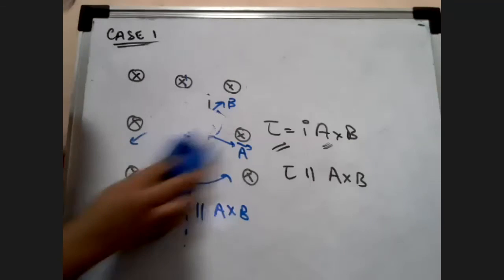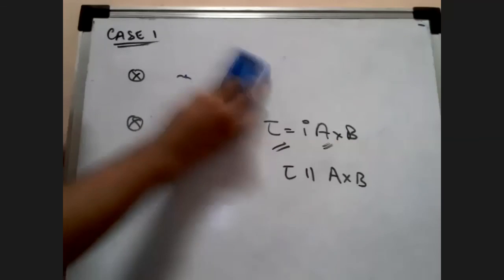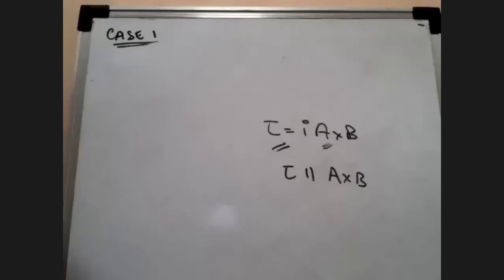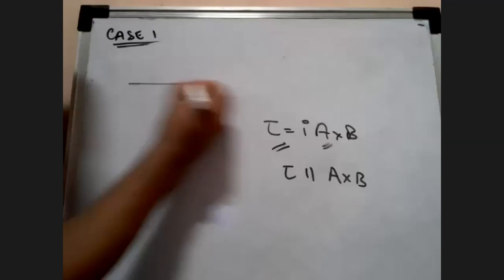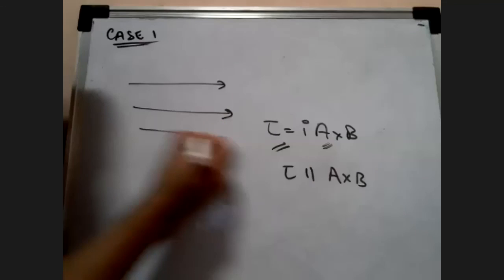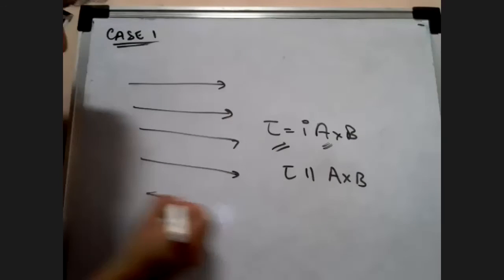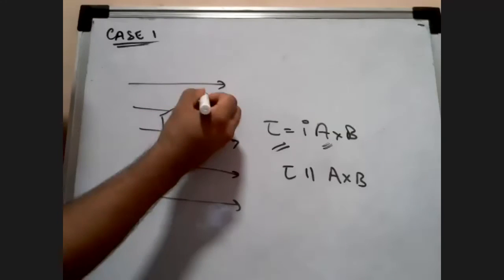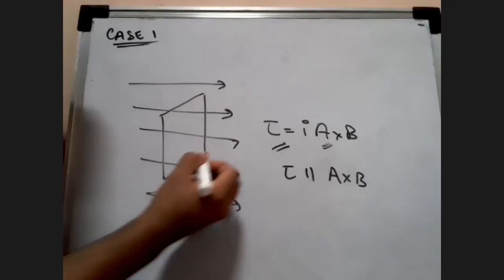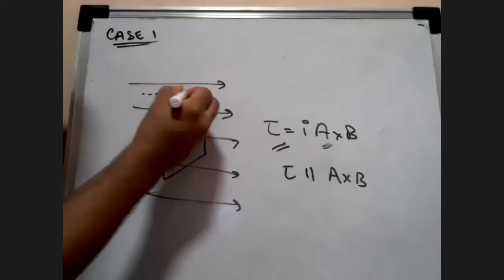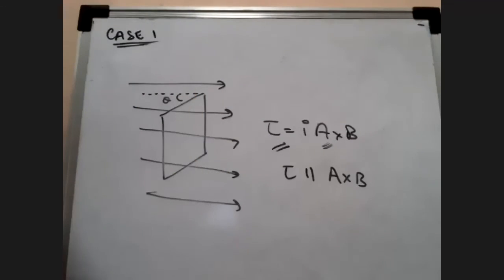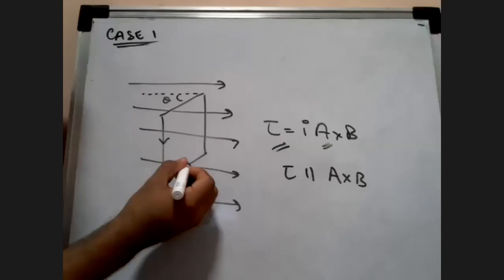I just told you that if this is going to be my magnetic field, students, and with respect to this magnetic field, I have kept this entire plane of the loop here, having some angle theta, and I consider that the current in this is having some direction like this.